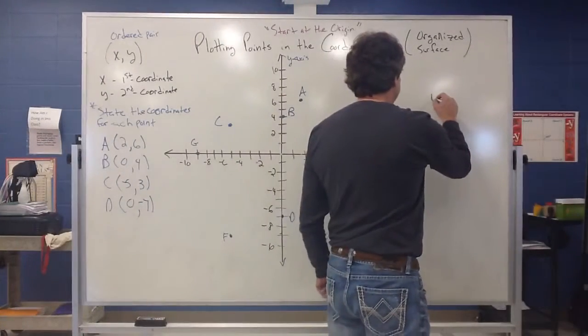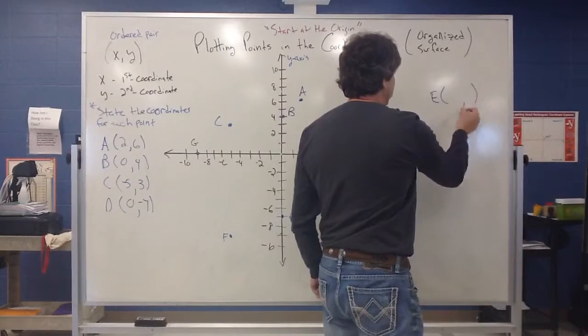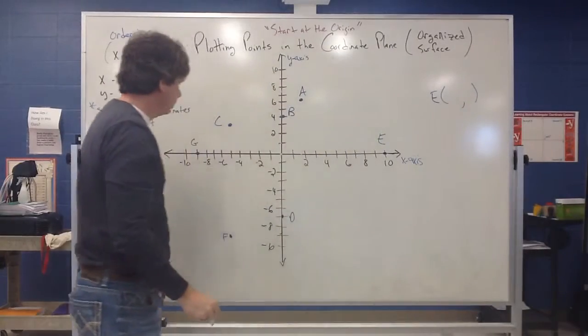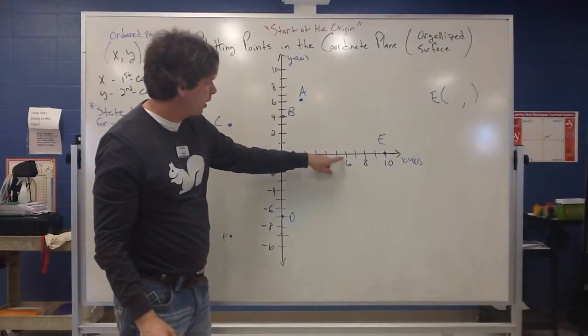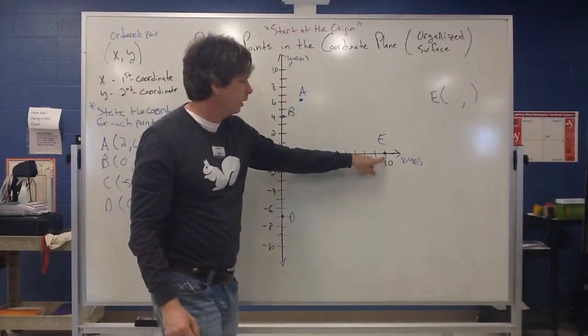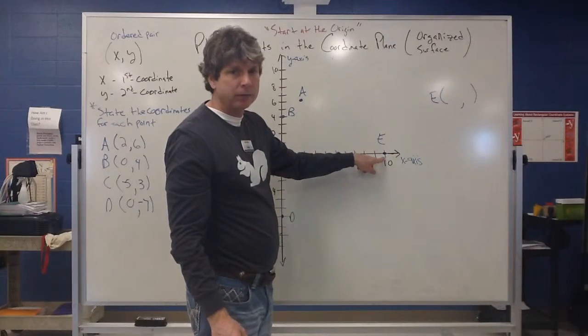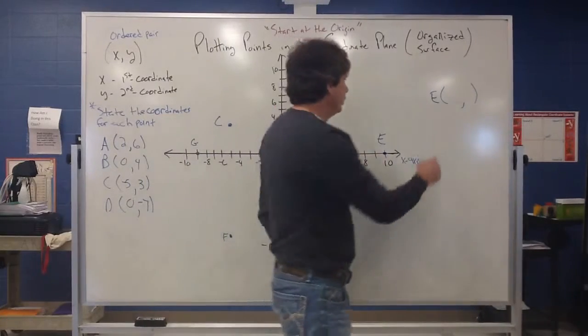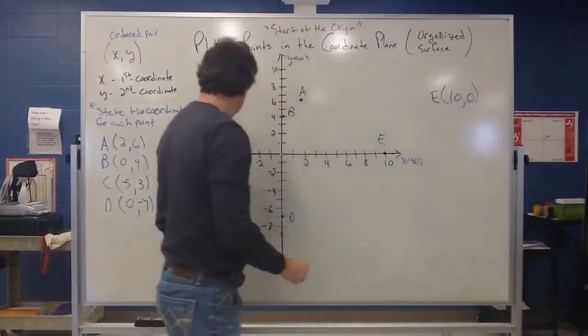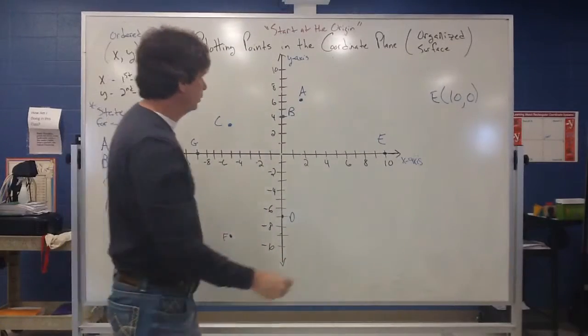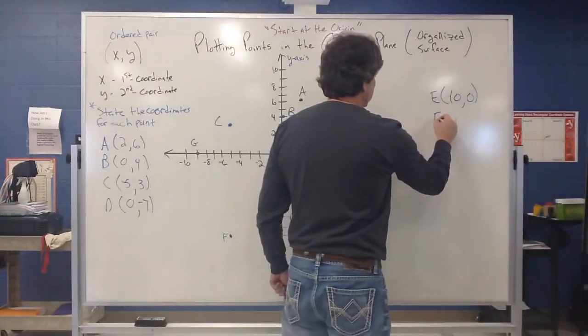Point E, we'll do that over here. Point E is located here. I've got to go 1, 2, 3, 4, 5, 6, 7, 8, 9, 10 to the right. But then I don't move up or down. I'm just staying put. So point E has the coordinates 10, 0. I have a point F still, so let's do that one.